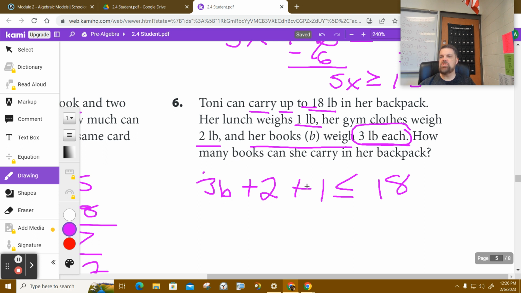What do I do? What's the first step? Let's do this. I'm going to combine like terms first. 2 plus 1 is actually 3. And I get 3b.